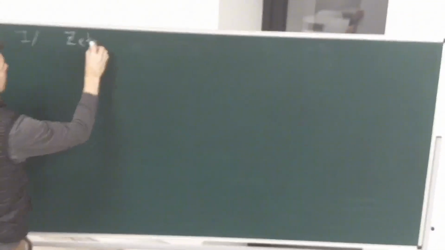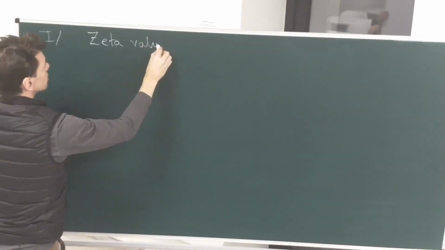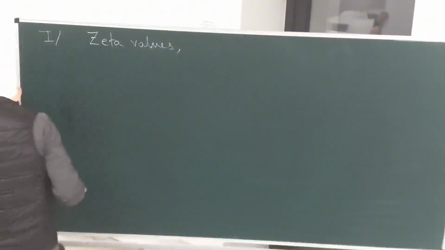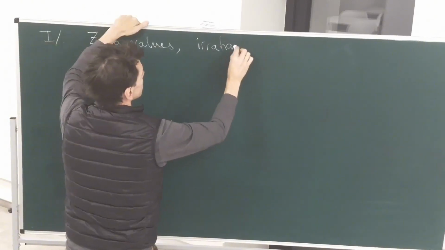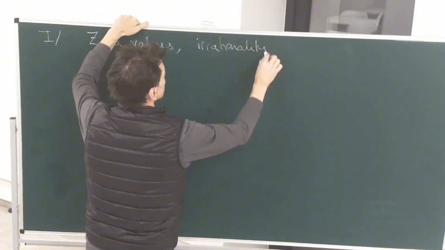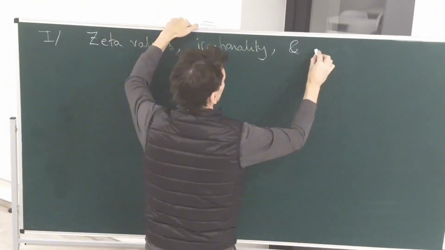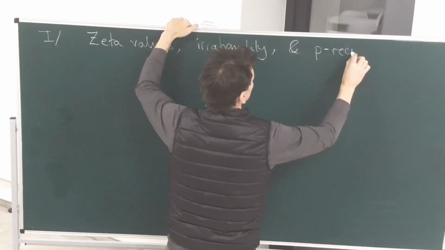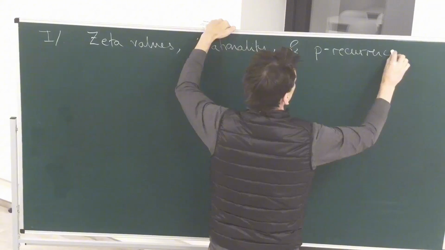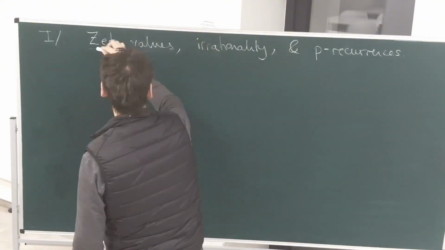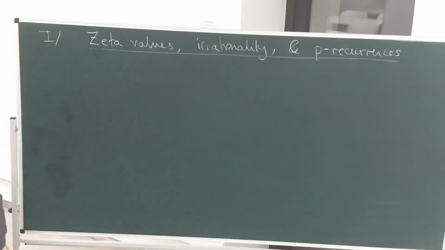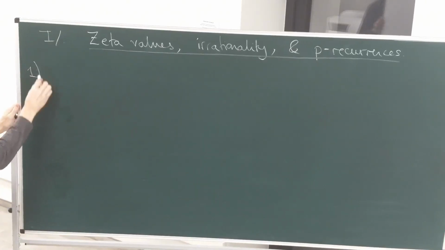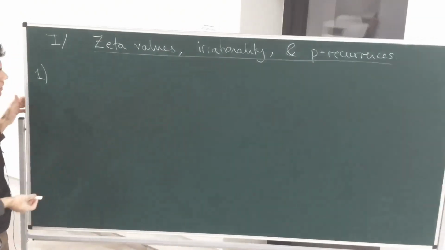It'll be about the values of the Riemann zeta function, irrationality, and a little bit about recurrences. And I'm going to begin with a historical introduction to many of these ideas.